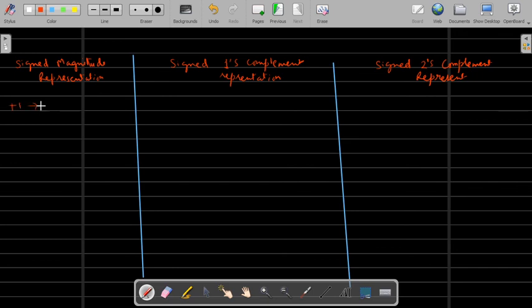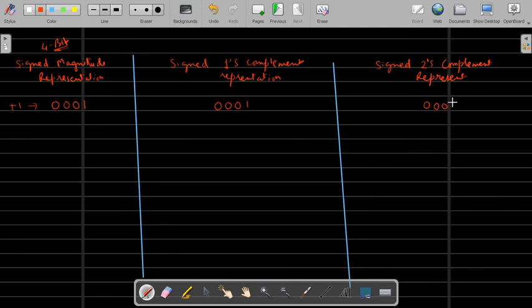Plus 1 is represented like this. Let us suppose we are talking about 4-bit numbers only. So plus 1 has its representation like this in this case, and as we know it has similar representation in all the three.